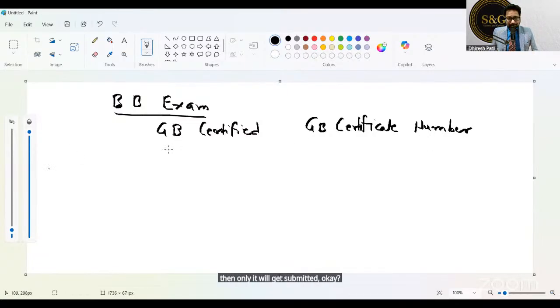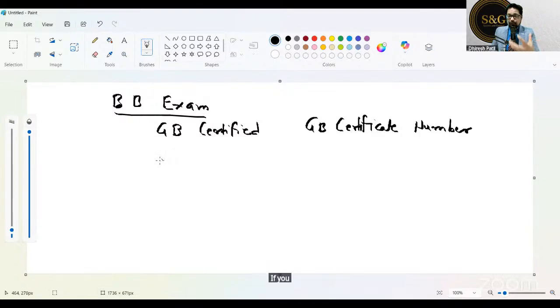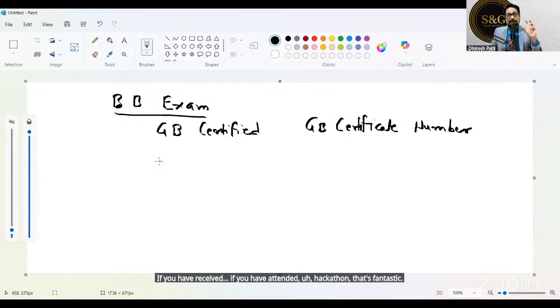Second, you have to go through the entire content of black belt. If you have attended the hackathon, that's fantastic. My recommendation is to go to the sample questionnaire, which is already given in your course curriculum.